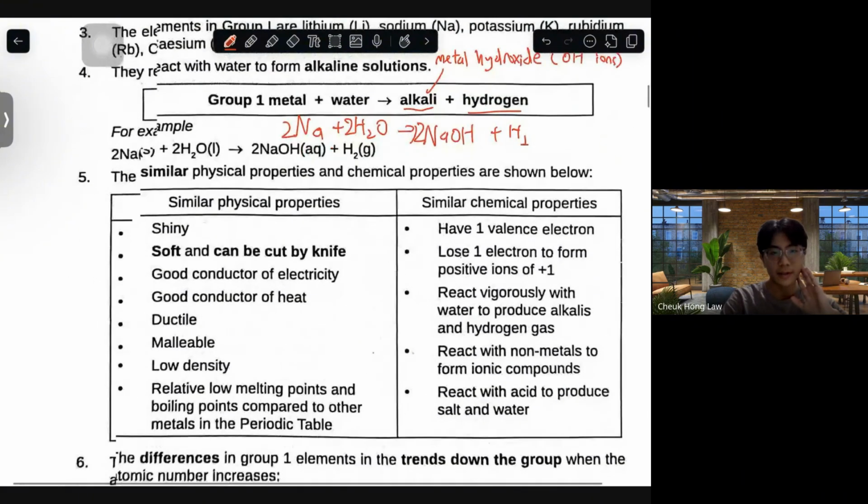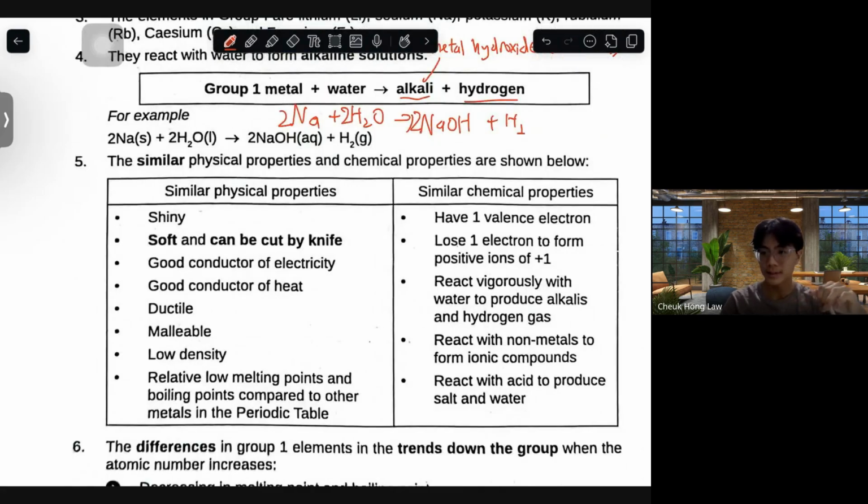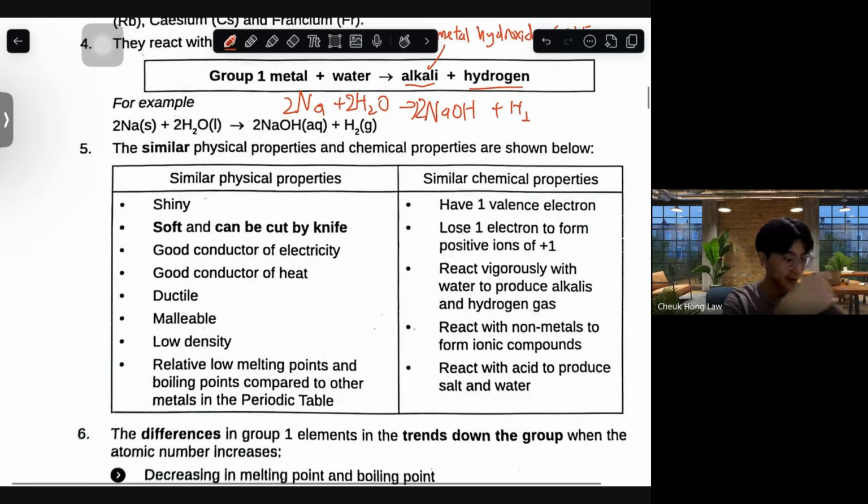Now let's look at the physical properties. You know that these are group 1 metals, so they basically will have the same physical properties as other metals.